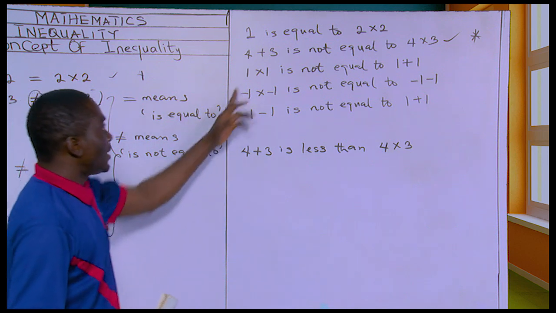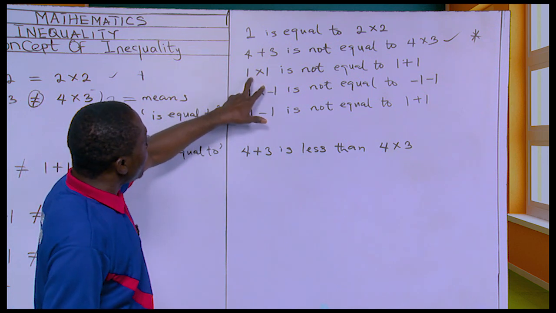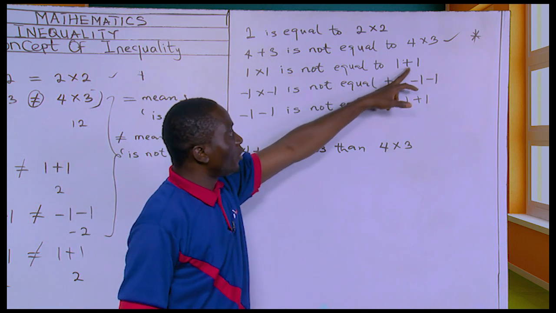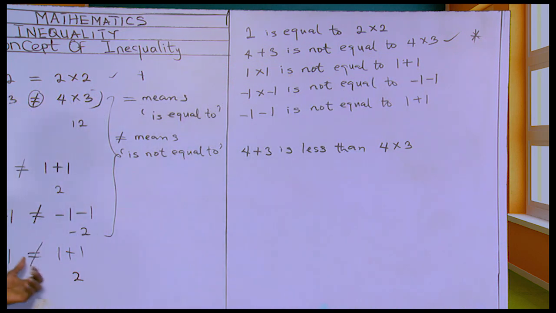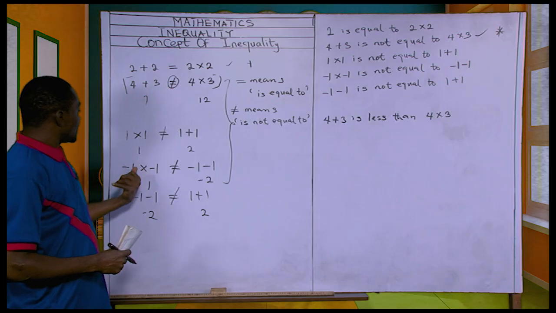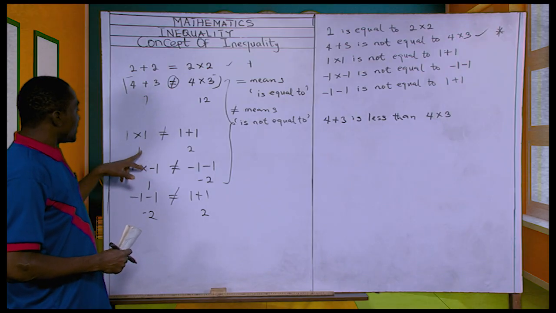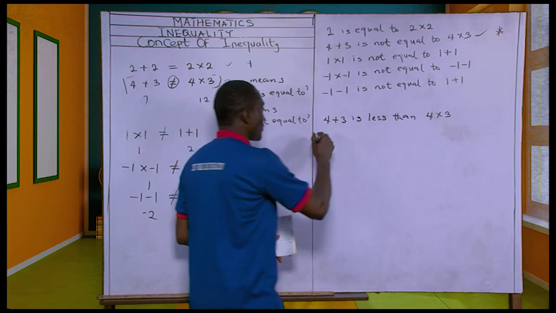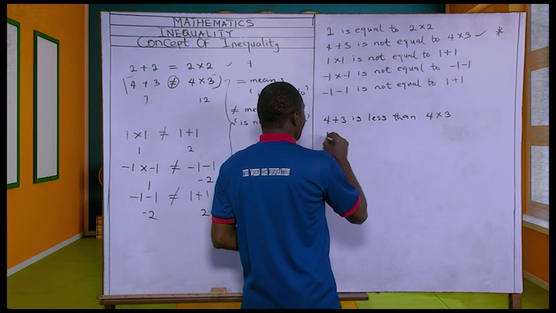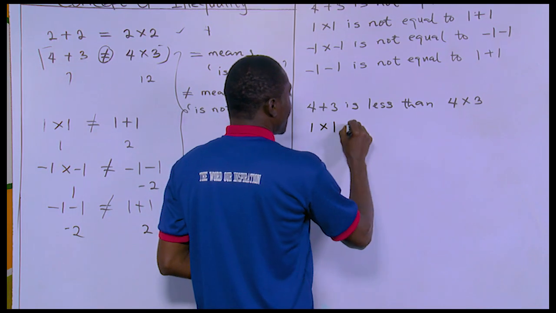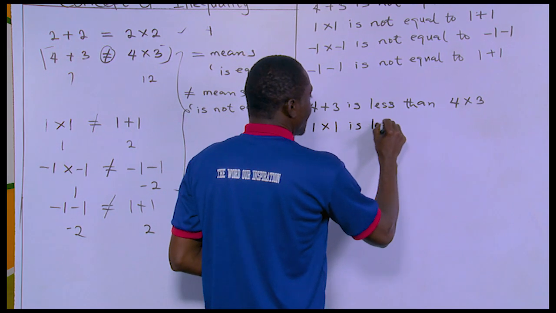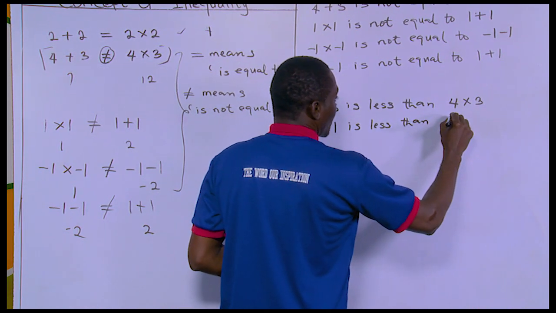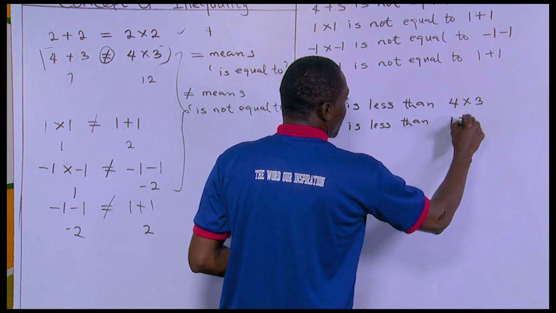Likewise, why is 1 multiplied by 1 not equal to 1 plus 1? The reason is that this value, 1 multiplied by 1, is less than 2. 1 multiplied by 1 is less than 1 plus 1.